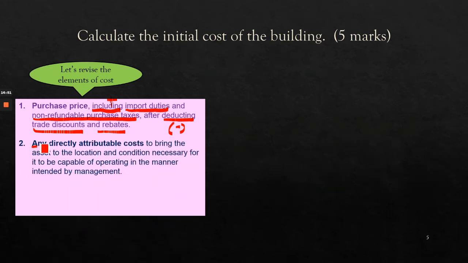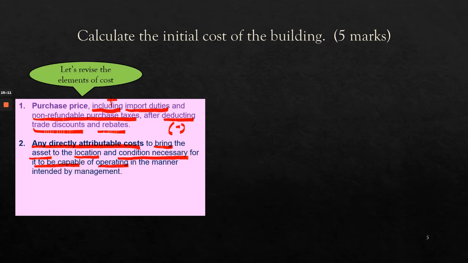Next, look at the directly attributable costs that you have incurred to bring the asset to the location and condition necessary. You purchase the building from a third party, maybe. The asset is already at the right location, but it has to be prepared for the condition necessary to be capable of operating.